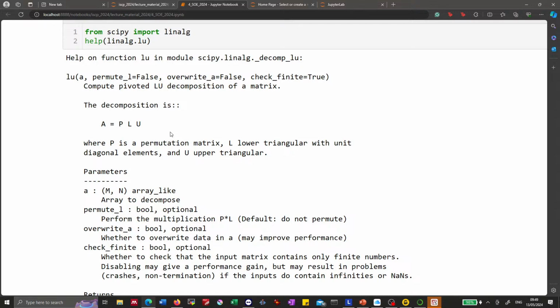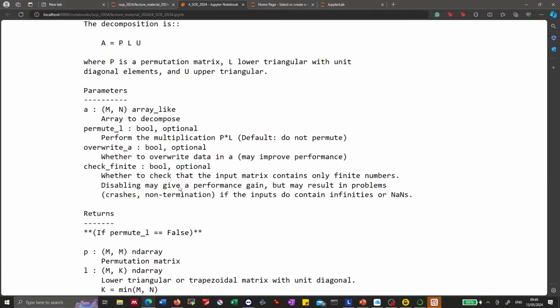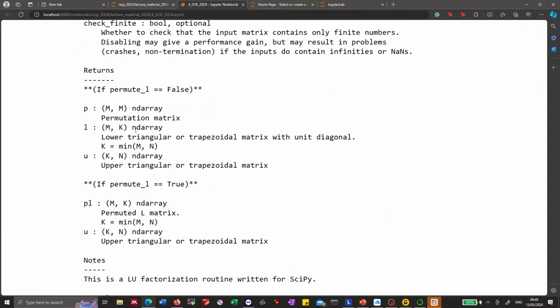Check_finite, whether to check that the input matrix contains only finite numbers. So far, so good. So what's an infinite number? Infinite, finite, infinity, right? So far, so good. Now the return values will be our permutation matrix, our lower and upper triangular matrix.